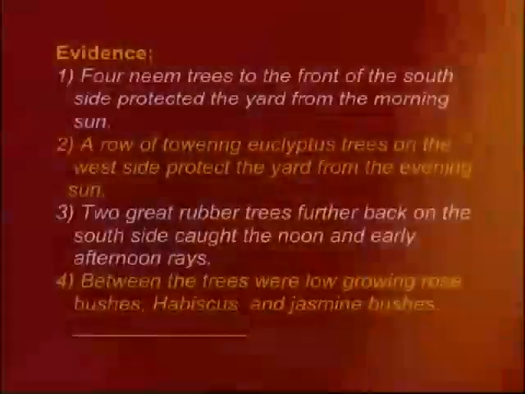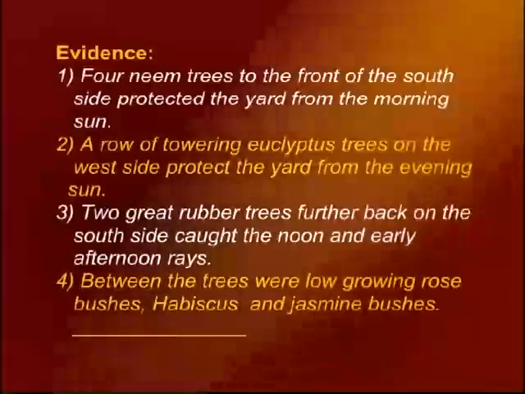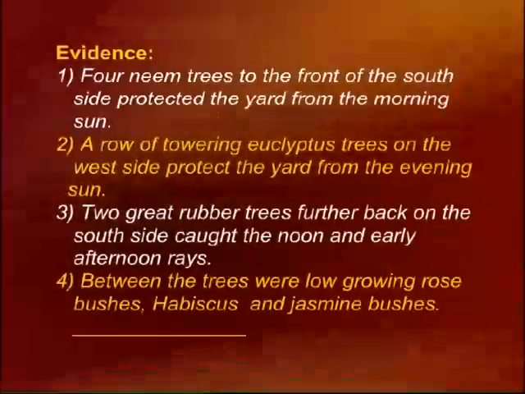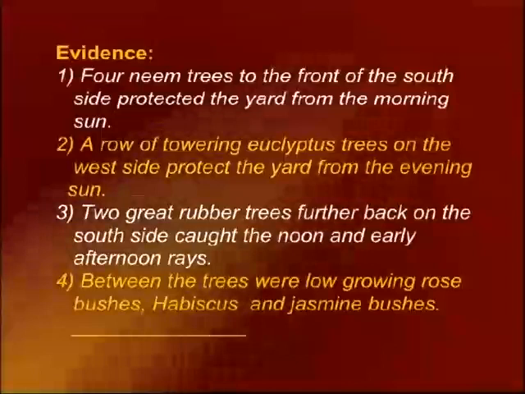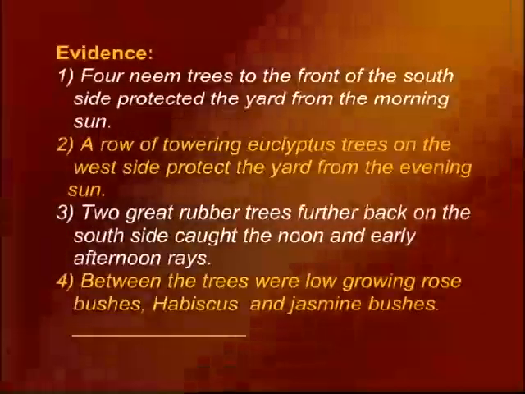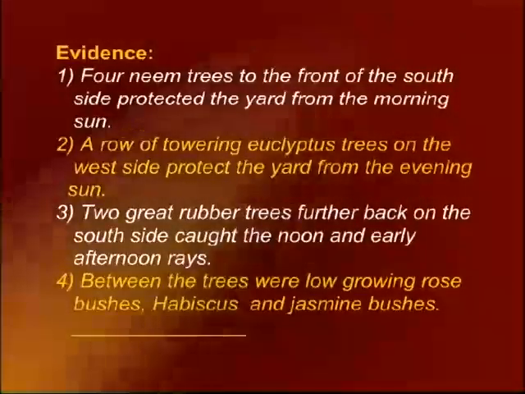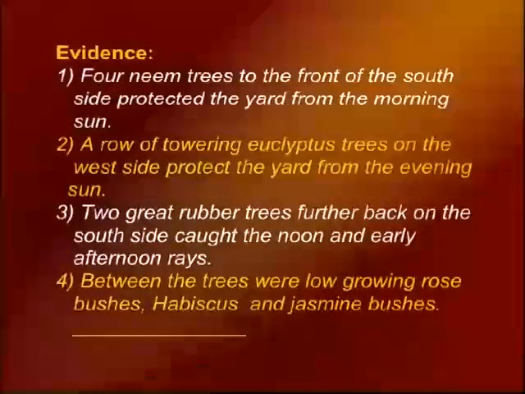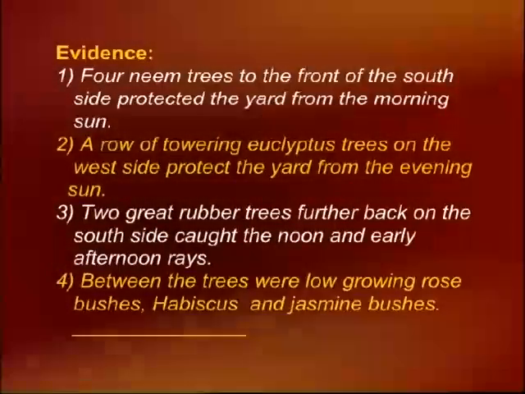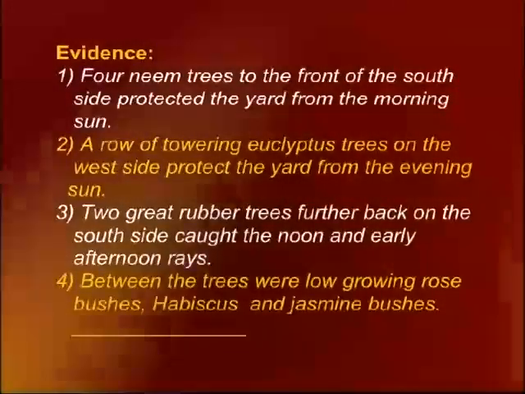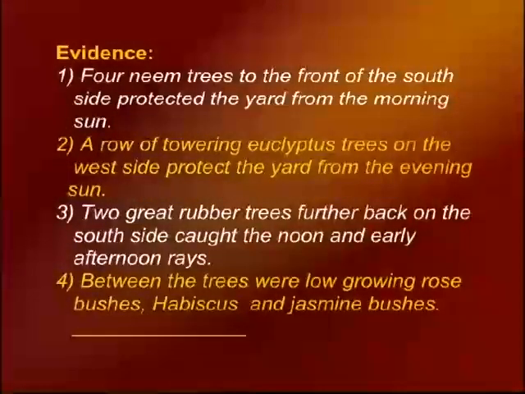That is the conclusion. Over here, you are asked to examine the evidence. And the evidence is, number 1, 4 neem trees to the front of the south side protected the yard from the morning sun. Number 2, a row of towering eucalyptus trees on the west side protect the yard from the evening sun.